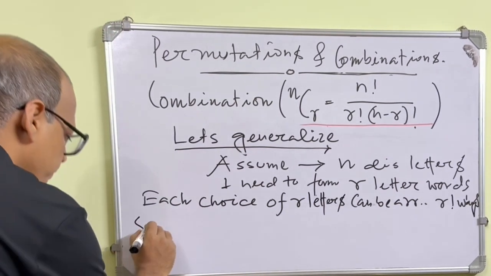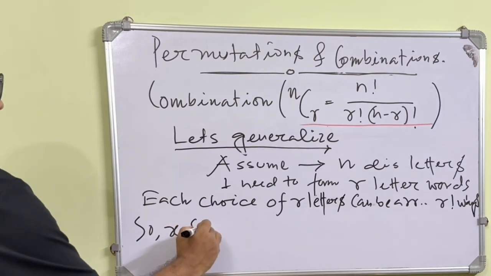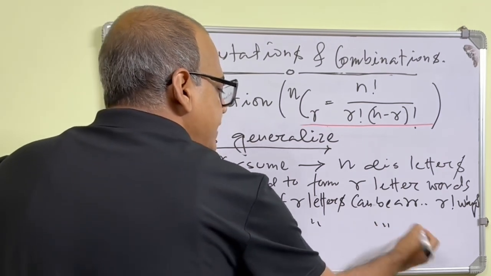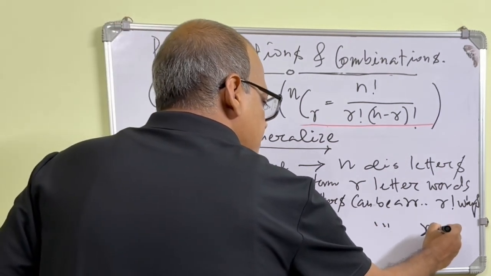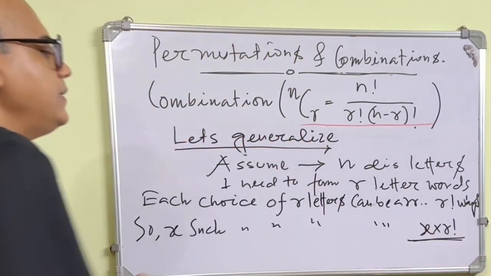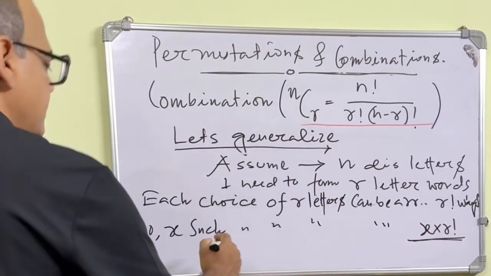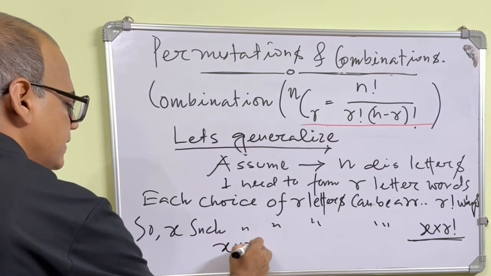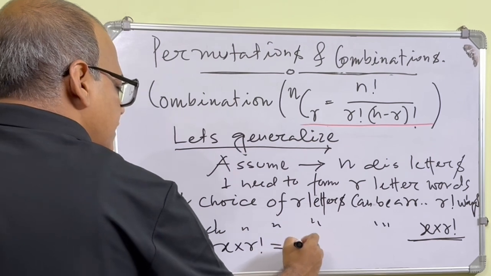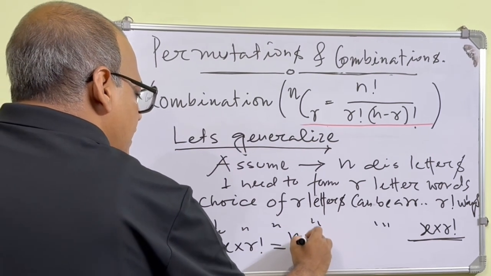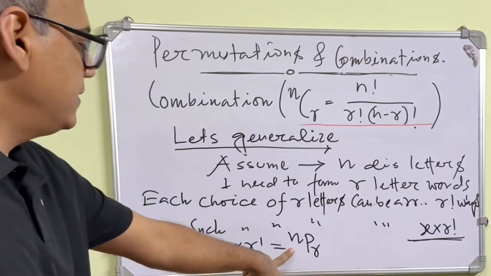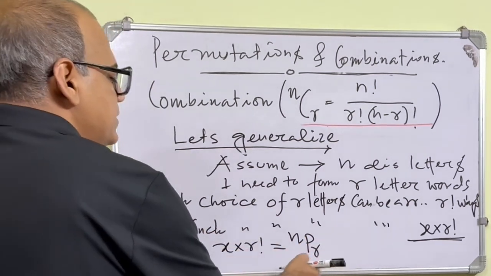So x such choices of r letters can be arranged in x times r factorial ways, and this is nothing but arranging r letter words from a set of n, which is a permutation problem.